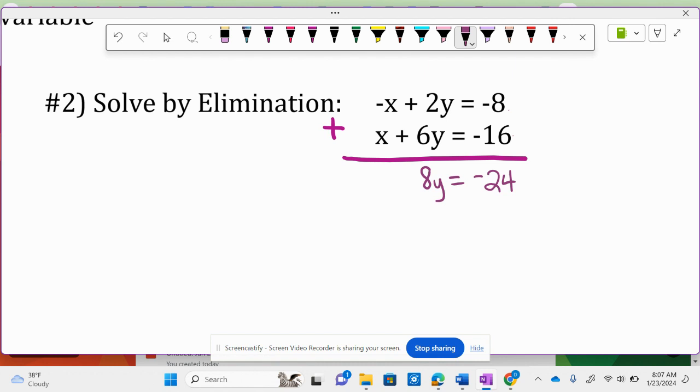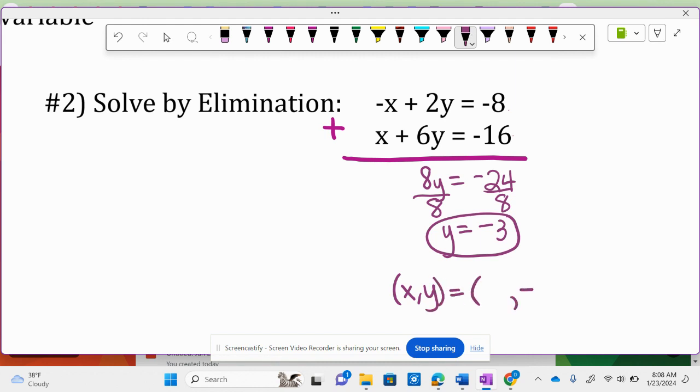Divide both sides by 8. Good job, Cameron. Y equals negative 3. So remember, our solution to a system is an XY ordered pair.